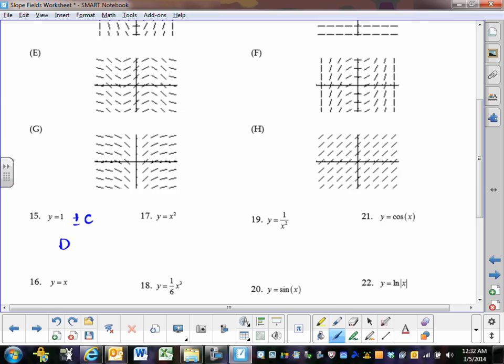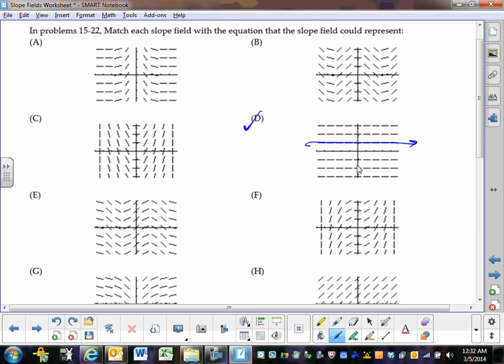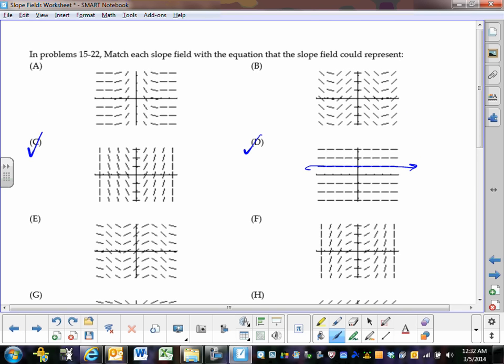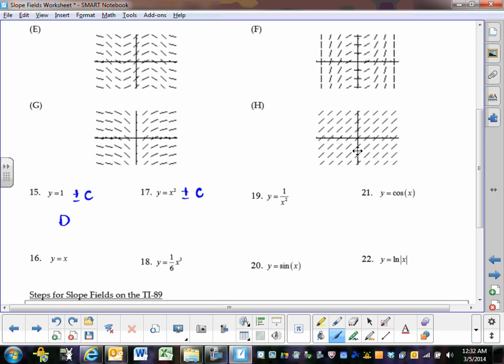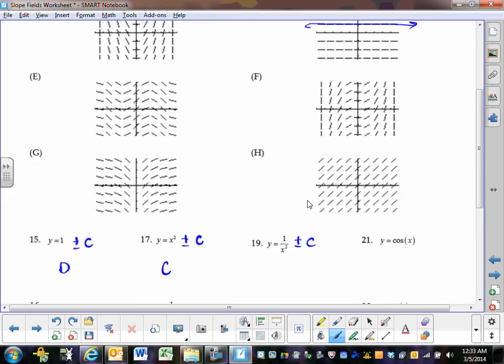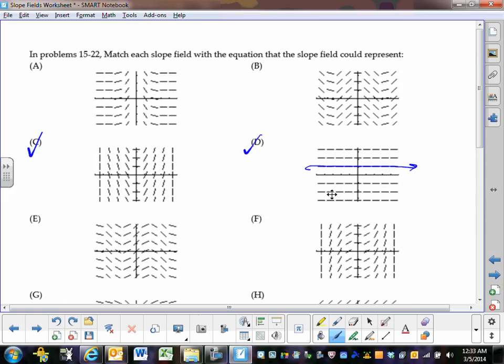If y equals x squared plus or minus c, then that would be letter C. If y equals 1 over x squared plus or minus c, then 1 over x squared would be a. So it helps to know what your parent functions look like.